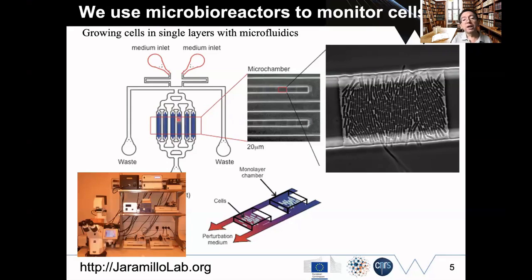And you have more than 200 chambers like this one, where you can have a monolayer of bacteria just growing, and you can keep all of them in focus because it's an automated microscope, and then you can monitor the gene expression by using fluorescent reporters.